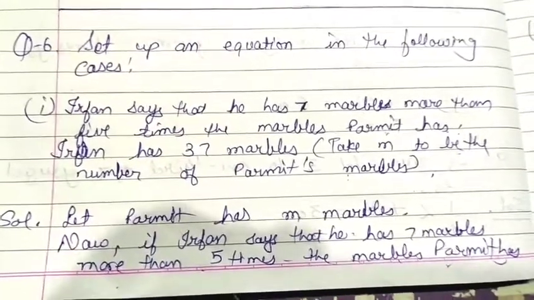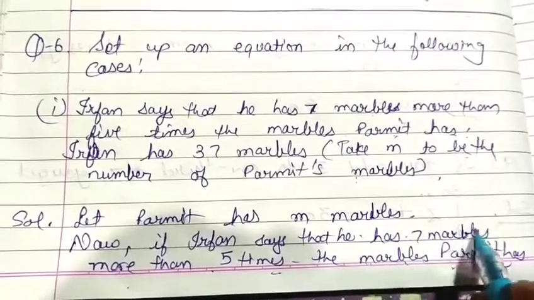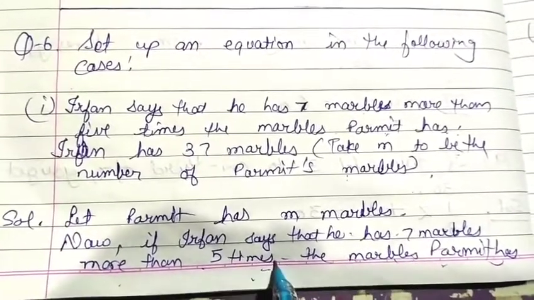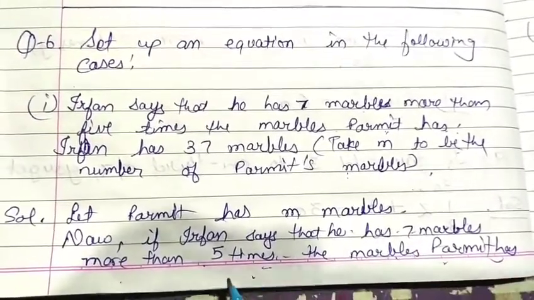So if Parmeet has m marbles, 5 times that is 5m, and Irfan has 7 marbles more than it. So 5 times m, and he has 7 more marbles. That means 5m plus 7. See here.